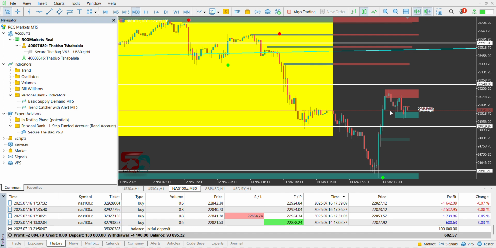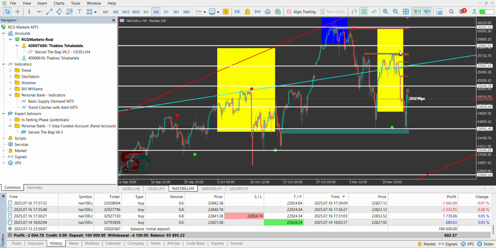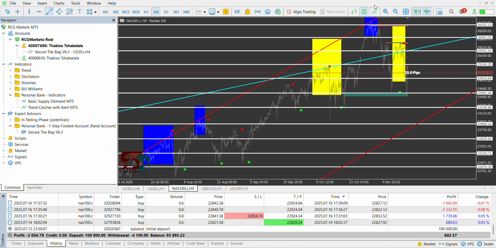So this is nothing more than a retracement for us to hit our support zone or a demand zone for us to continue going up bullish. But overall, on a 4-hour time frame for Nasdaq, we are selling because we have sells here, we're selling here, which means that we are now changing our trend.